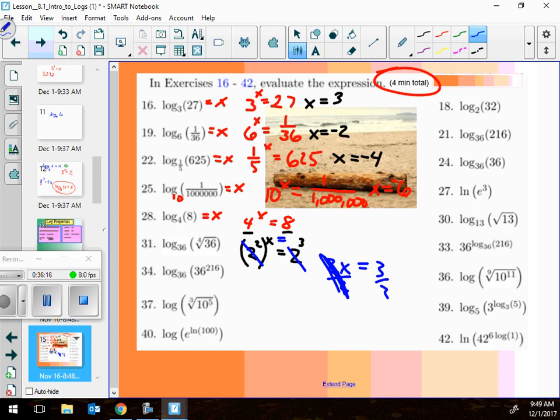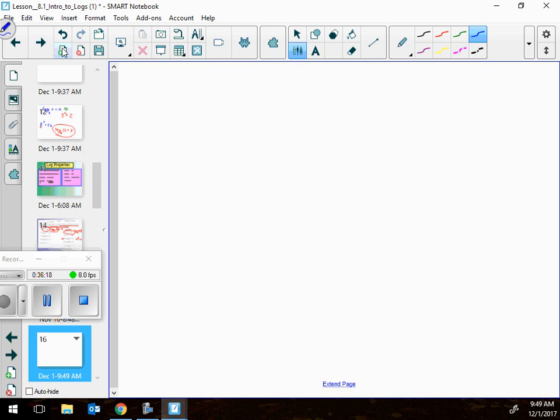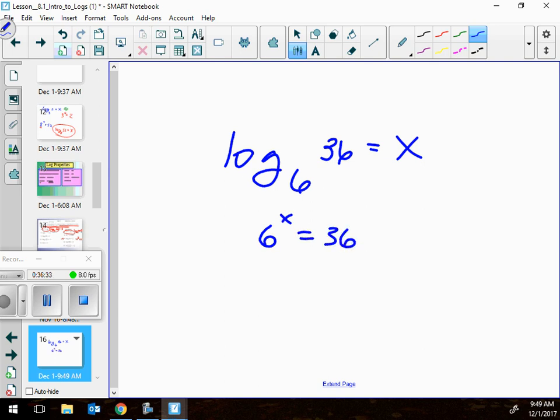All right, I'm going to show you another one like that. Do you get that 6 to the x equals 36 is one you could probably do in your head?